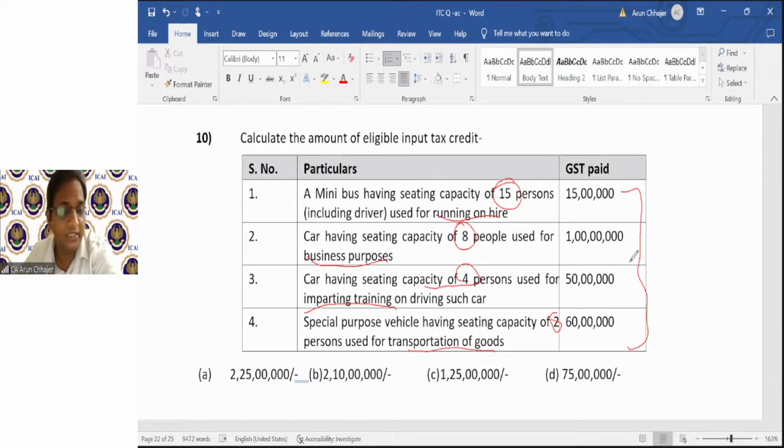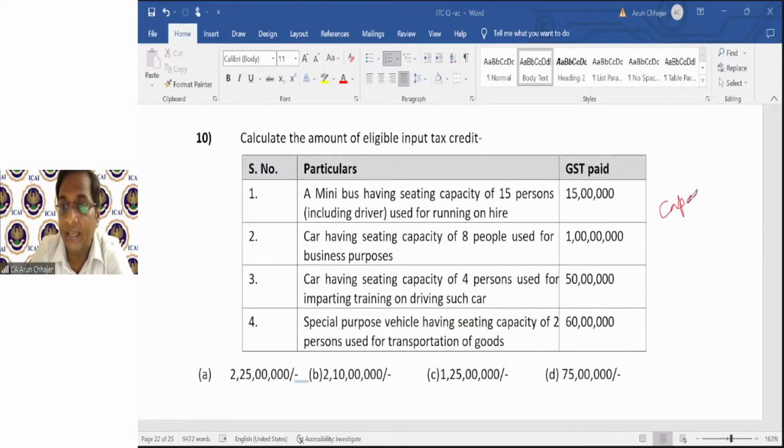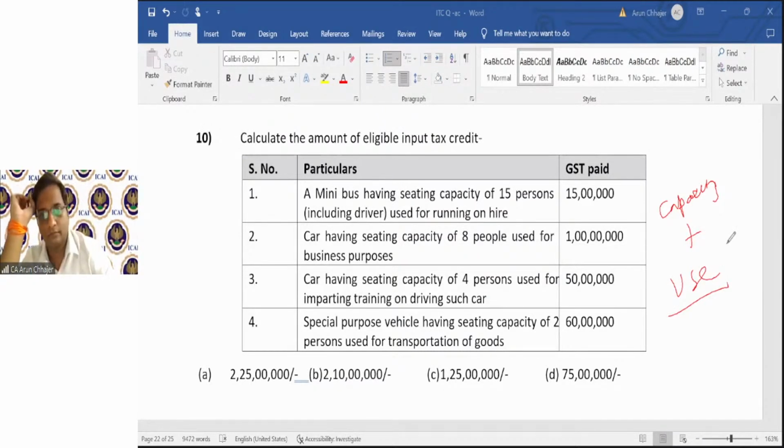Car having the sitting capacity of 4 used for imparting the training, and special purpose vehicle having the sitting capacity of only 2. So these two things are important: the capacity and then the use. You have to look at both before giving the answer.